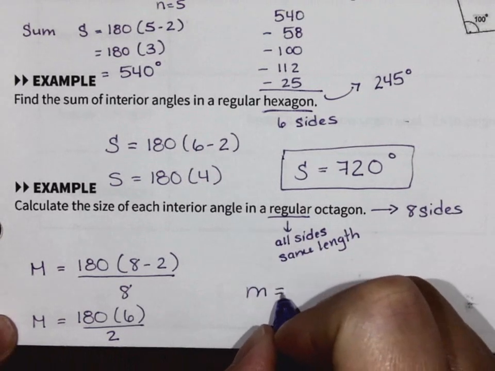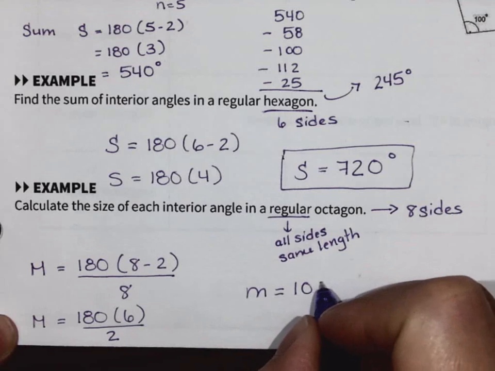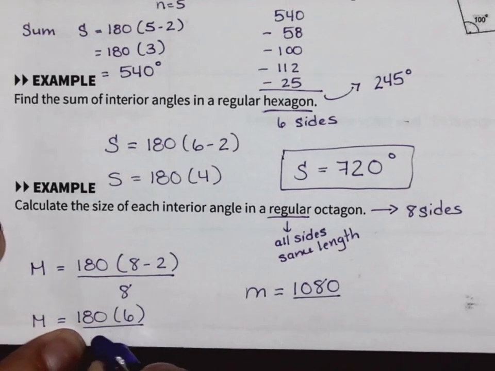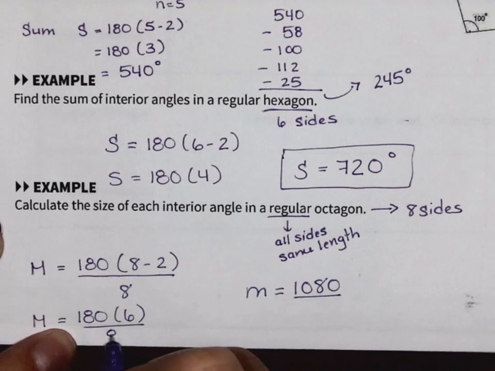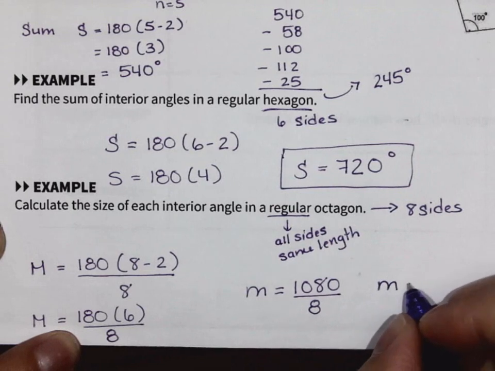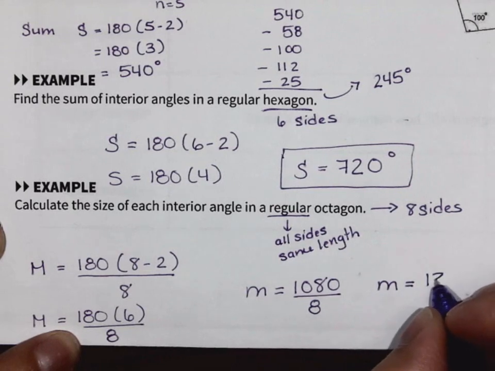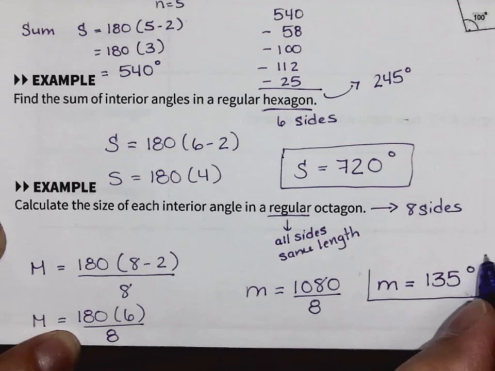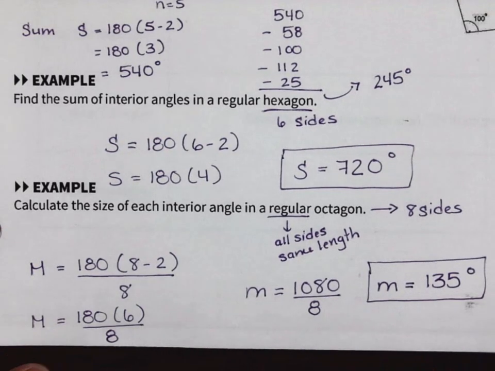So m is equal to 1,080. Oh no, not divided by 2. Divide by 8, everybody. Sorry. I don't know what I was doing. I was off in La La Land. So m is equal to 135 degrees. So each angle inside a regular octagon is 135 degrees.